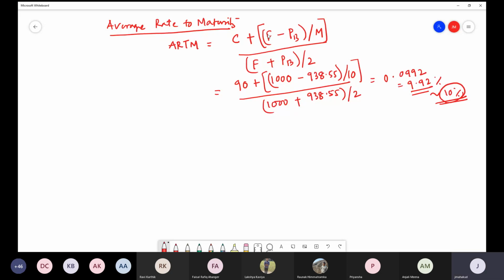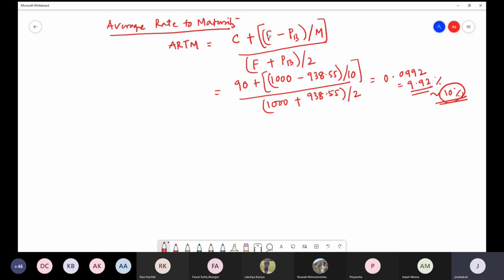So the ARTM will guide you as to what could be the probable yield from that particular bond in a simplified manner. That's why we use this ARTM, and after that you can use some trial and error method to find out the exact rate of the yield to maturity.